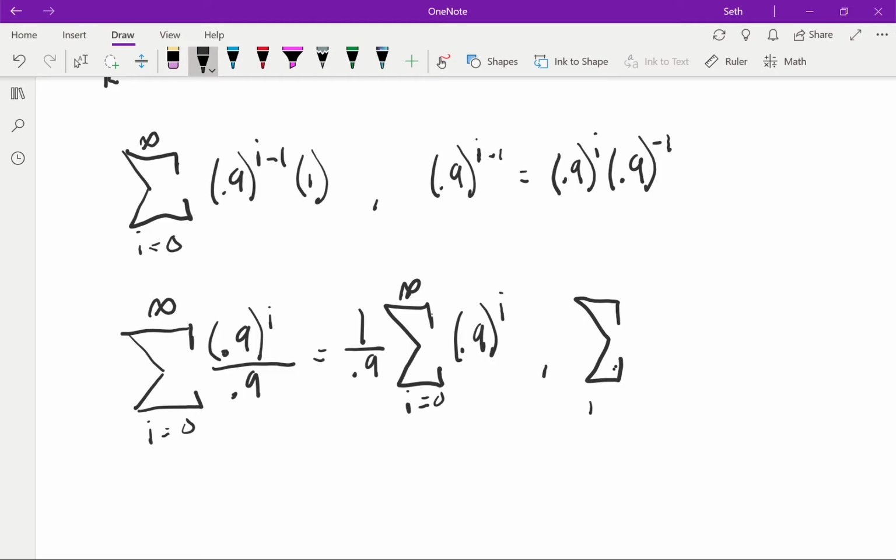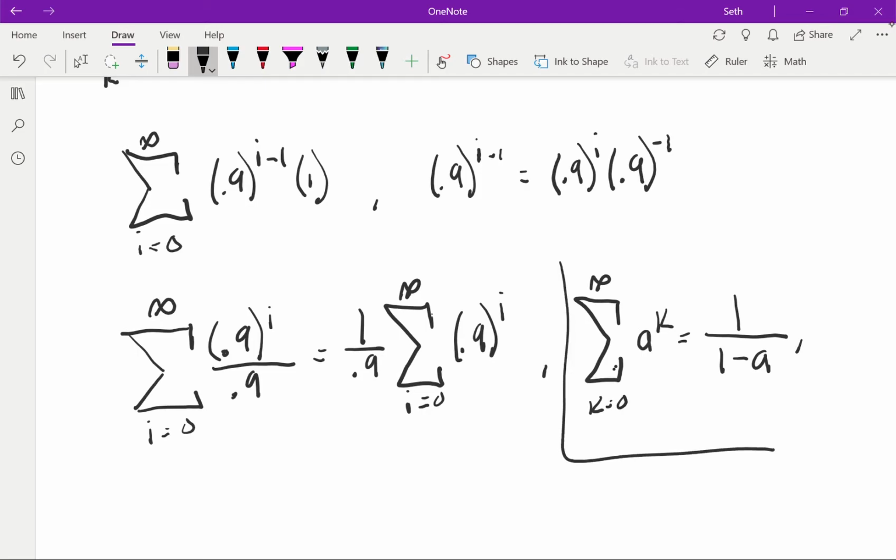which is equal to 1 over 1 minus a, and this is true on the condition that the absolute value of a is less than 1.